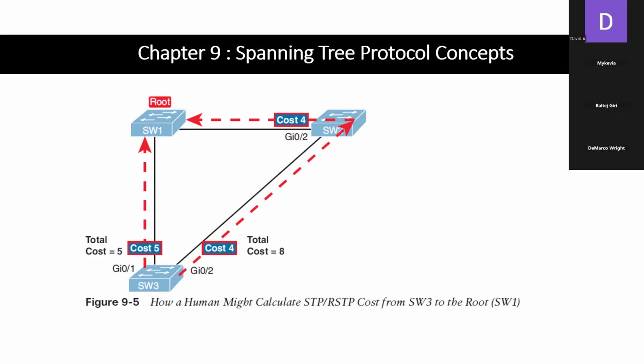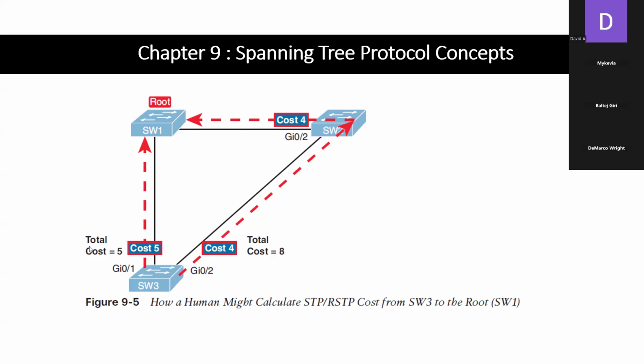So if we're looking at this diagram, Figure 9-5, we see the same three switches. We don't have visibility on priority and so on, but we see Switch 1 has already won the election and become the root switch. Now we have to consider the cost.